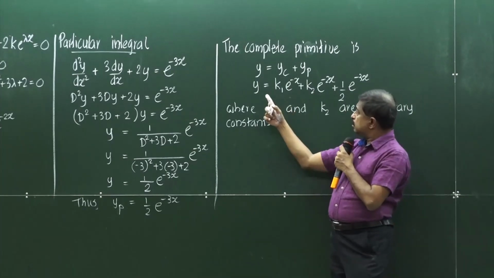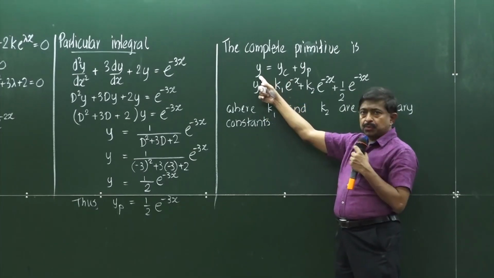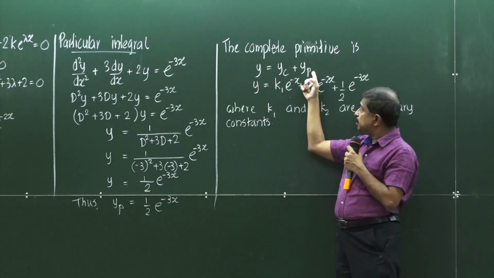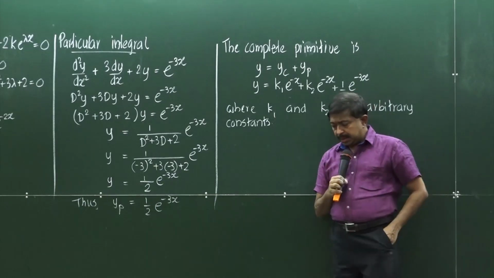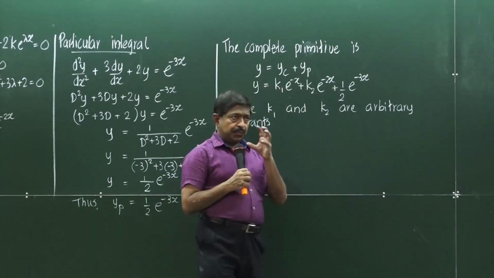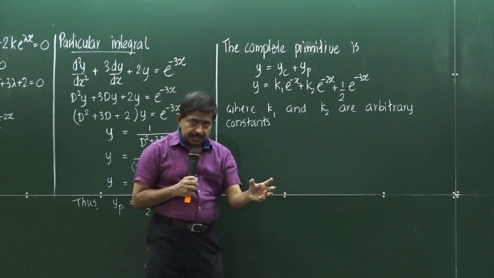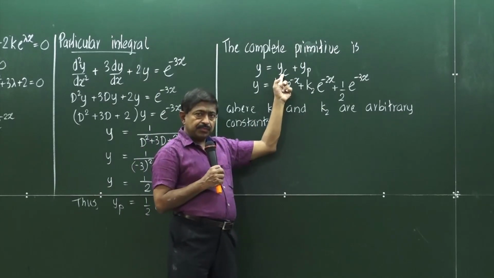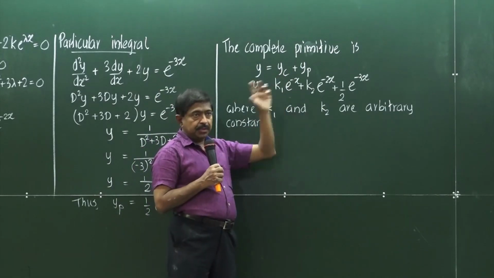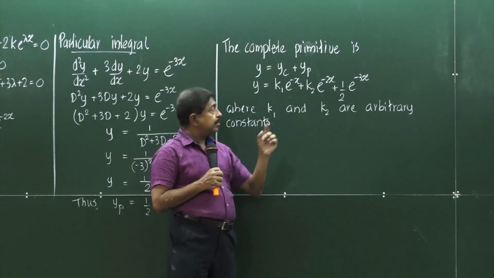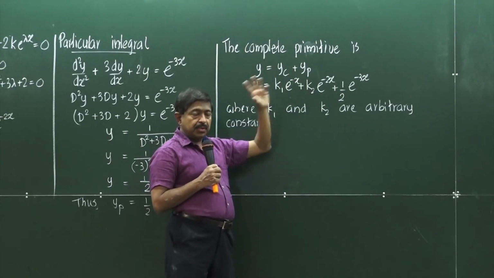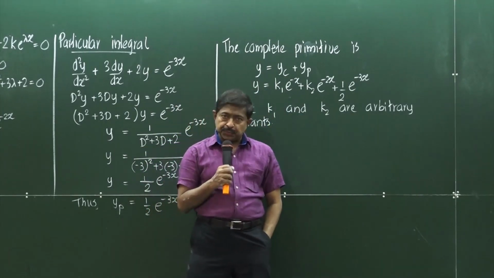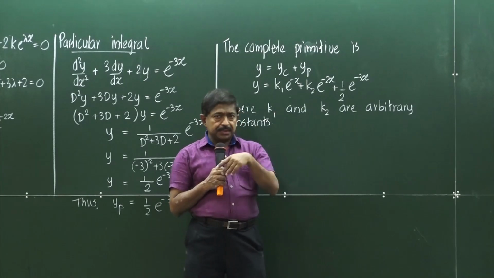Now, in mathematics, this is called the complete primitive. This is the complementary function. This is the particular integral. But in the context of engineering, if you take the physical significance of the differential equation into account, you call this the transient response. It lasts for a little while. yp is the forced response. Forced means the outside force. It may be an electromotive force, or just a force on the system.